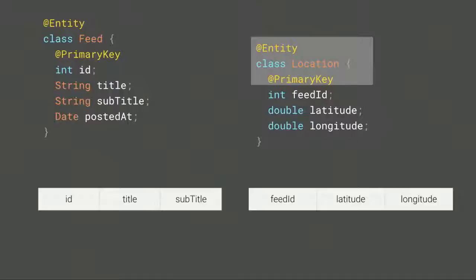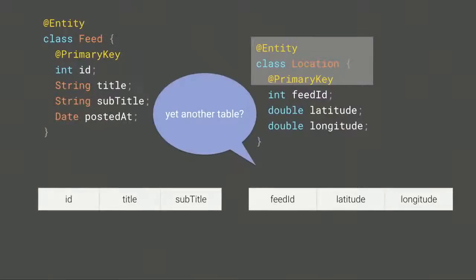We have our feed object with ID, title, subtitle, and posted at, the date. And then we have the location, latitude, longitude. Now, in order to connect them, not when you save but when you retrieve them, to connect the location back to its feed, you need the primary key, the feed ID, so that they are combined together.